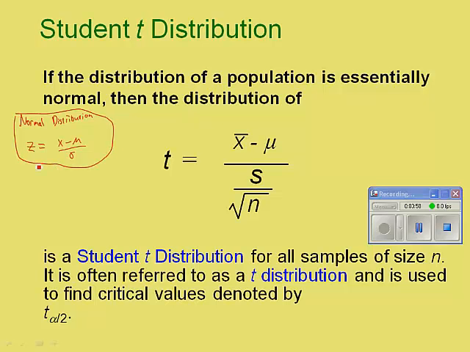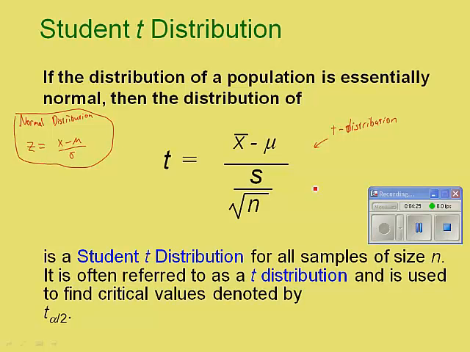Well, I guess when we did the central limit theorem, we learned if it's not normal, if n is less than 30, then you can use this, right? So this is what's called the t distribution. And I'll tell you that the t distribution looks a heck of a lot like the normal distribution.